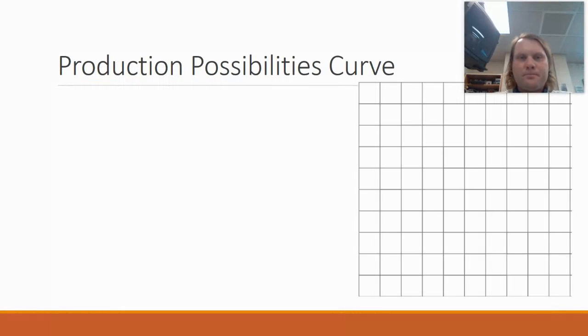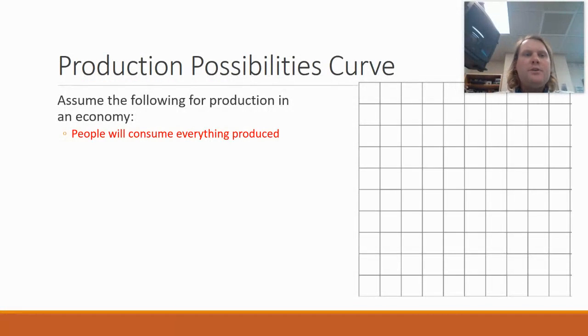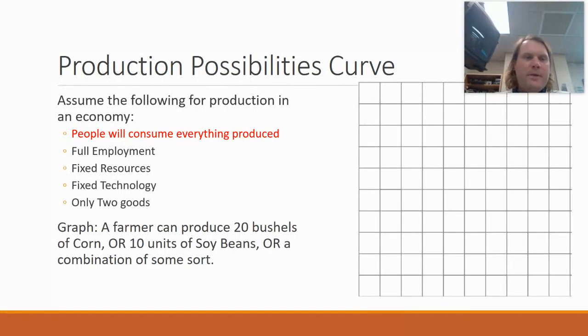It's a good thing. So here's what we've got to assume for production. When we talked about Hacienda versus Taco Bell, our production was fixed, right? And since it was fixed, our line was pretty straight.